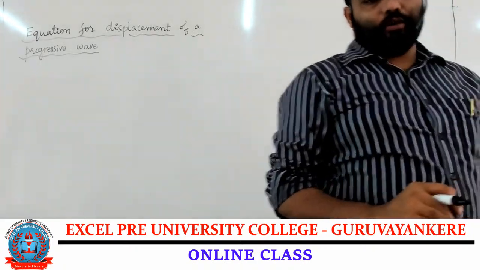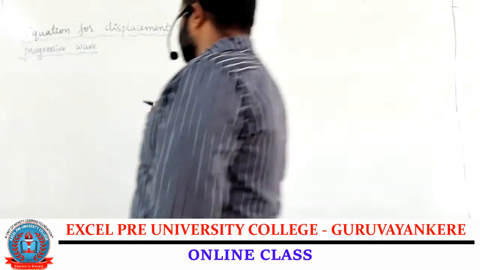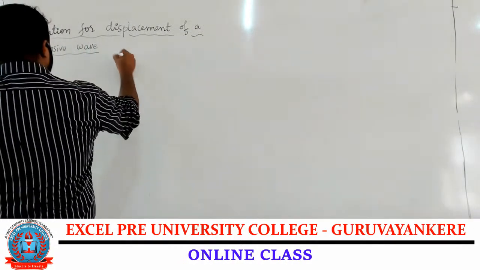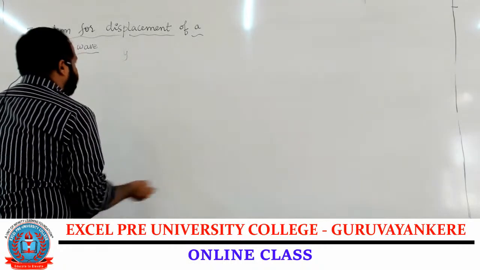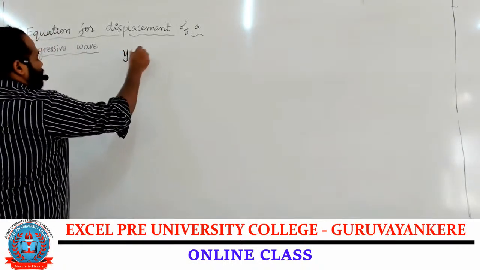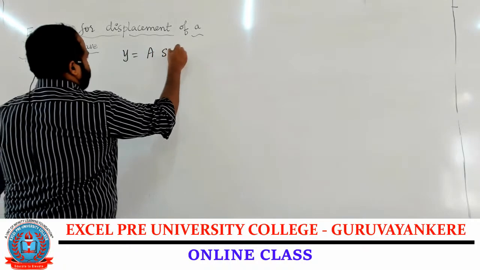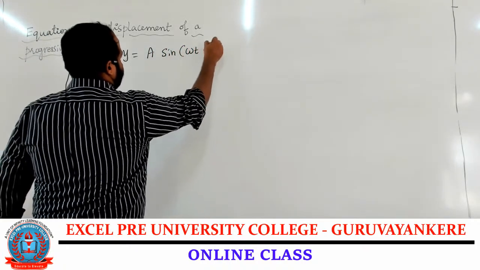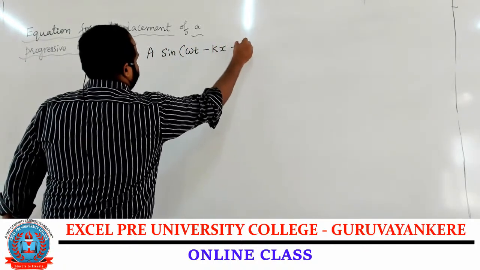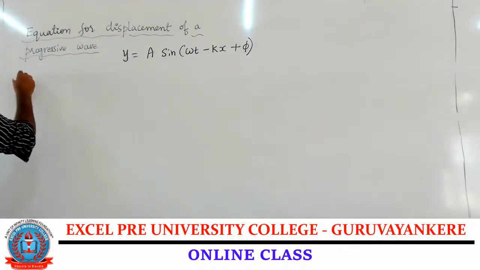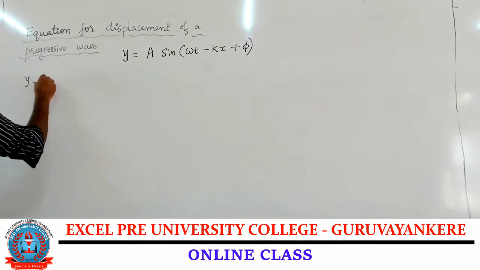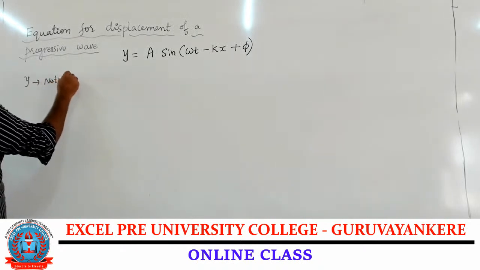Clear? So that is given by the general equation, y is equal to a sin(omega t minus kx plus phi), where y is the net displacement.